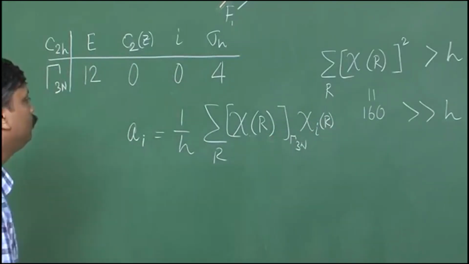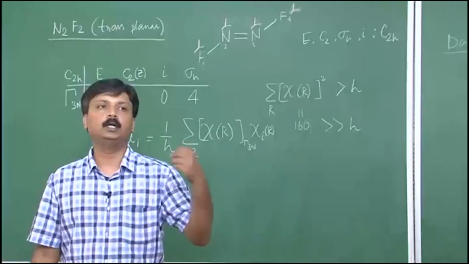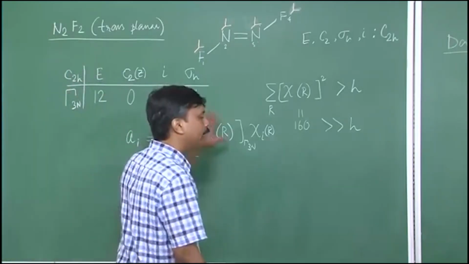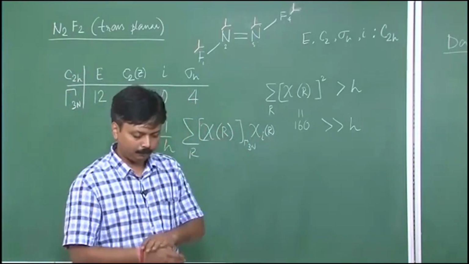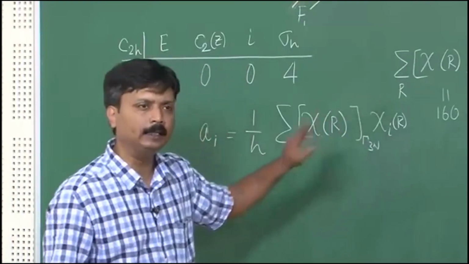Remember that we have ignored the complex conjugate here, because the character table that we are considering right now doesn't contain any complex quantity, but remember that it is there in general.